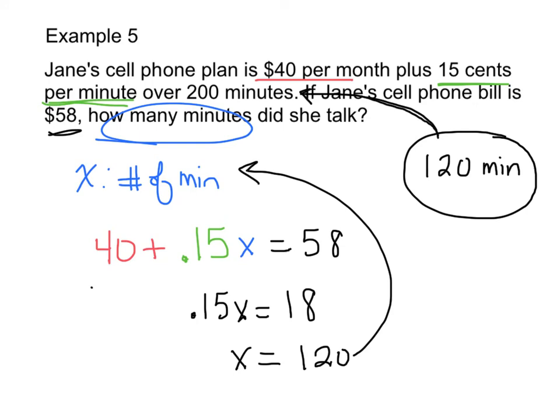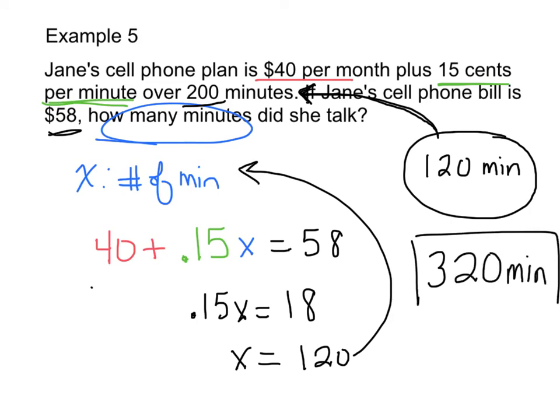How many minutes has she already talked? She's already talked 200 minutes. So we have to add the 200 minutes back on. So she actually talked 320 minutes. That, ladies and gentlemen, is attending to precision. Making sure you answer the question and used everything you need to in the problem.